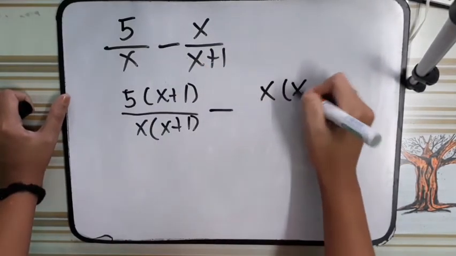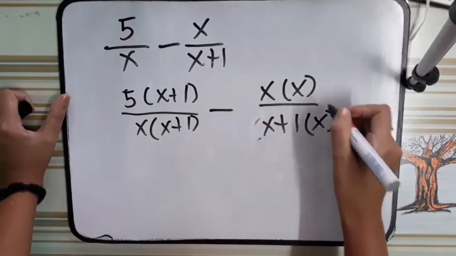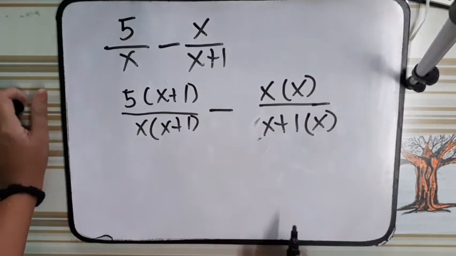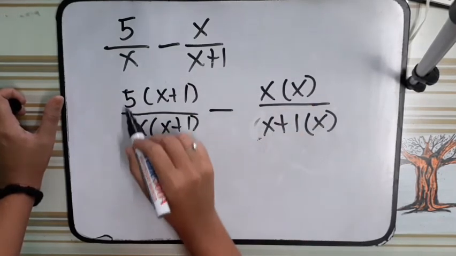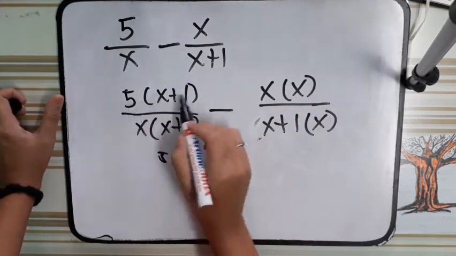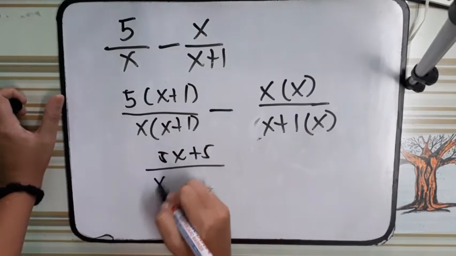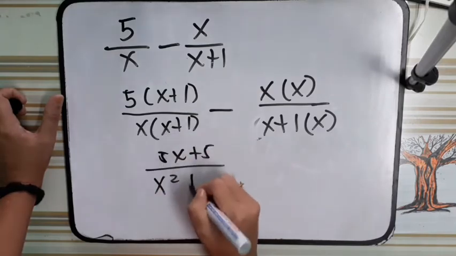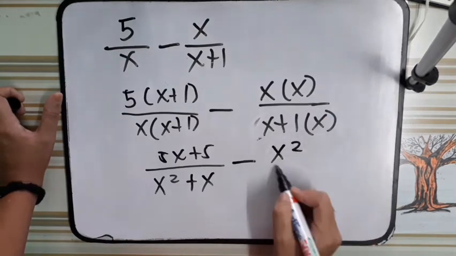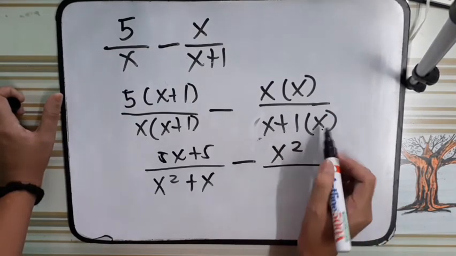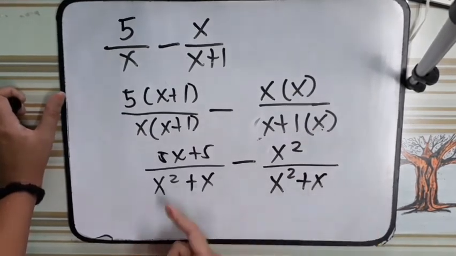So we have x times x over x plus 1 times x. Then afterwards, let's proceed on distributing the numbers. So 5 times x is 5x. 5 times 1 is equal to 5 over x times x is x squared. x times 1 is x. Minus x times x is x squared over x times x is x squared, 1 times x is equal to x. Now, we have the same denominator.